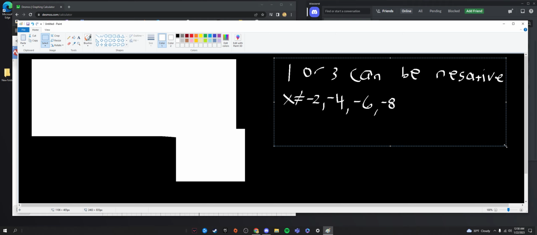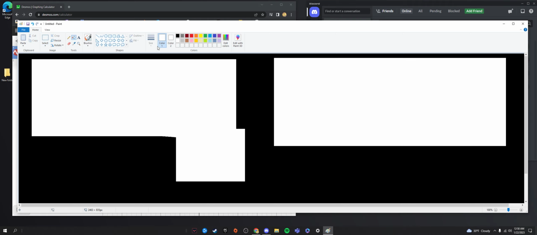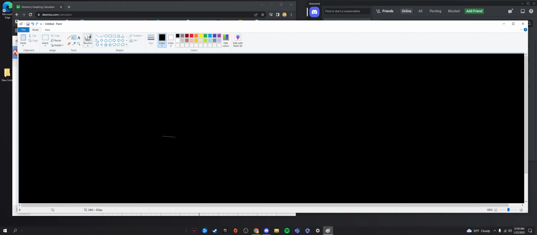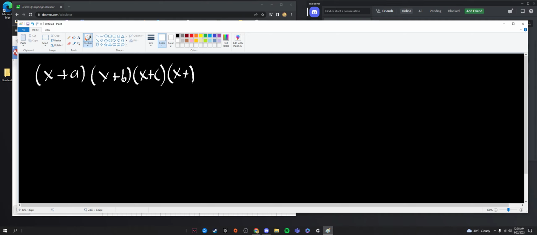I'll just erase the whole thing. Okay. So if we're given x plus some constant a, some integer a, x plus b, x plus c, and then x plus d, where a, b, c, and d are all elements of the integers.